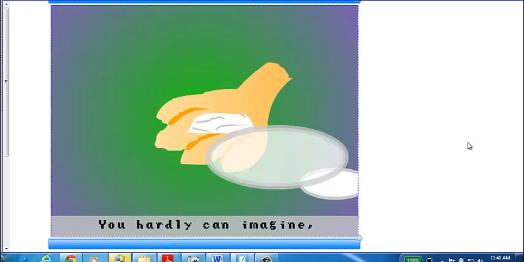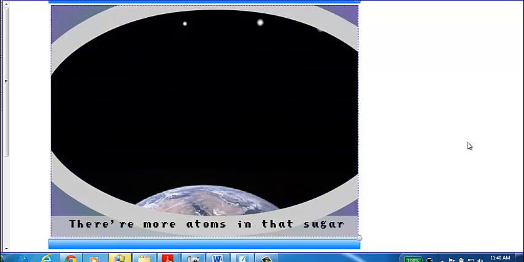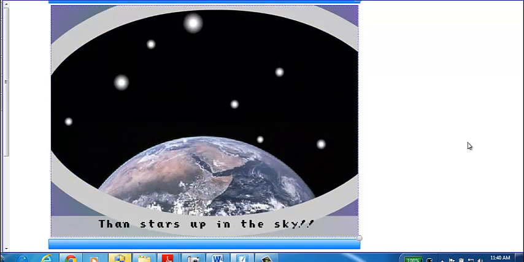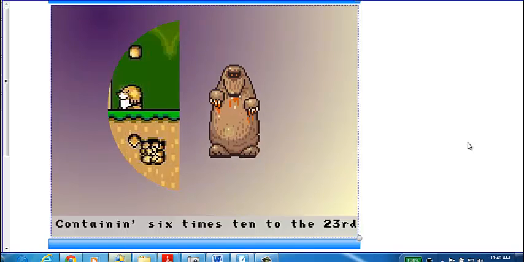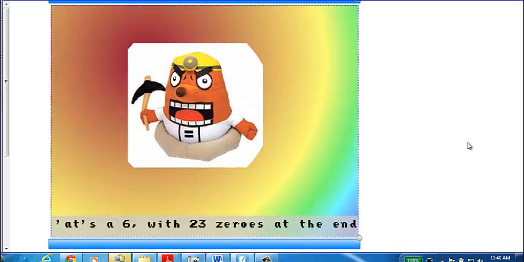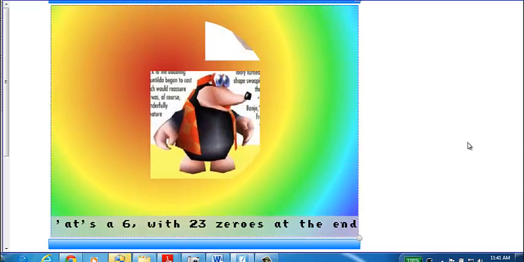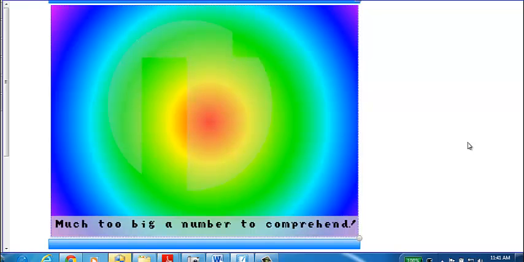You hardly can imagine and barely realize there are more atoms in that sugar than stars up in the sky. And the mole is a unit, or have you heard, containing 6 times 10 to the 23rd. That's a 6 with 23 zeros at the end. Much too big a number to comprehend.